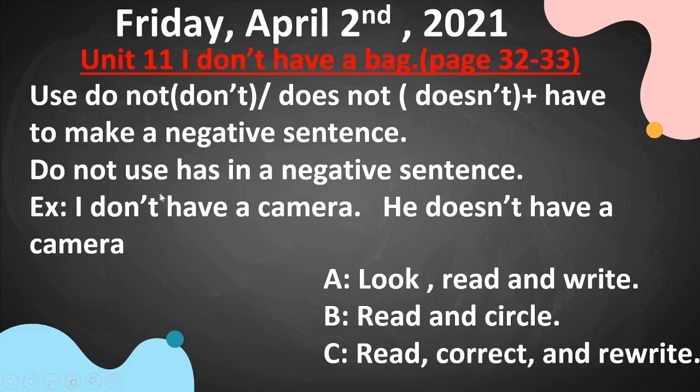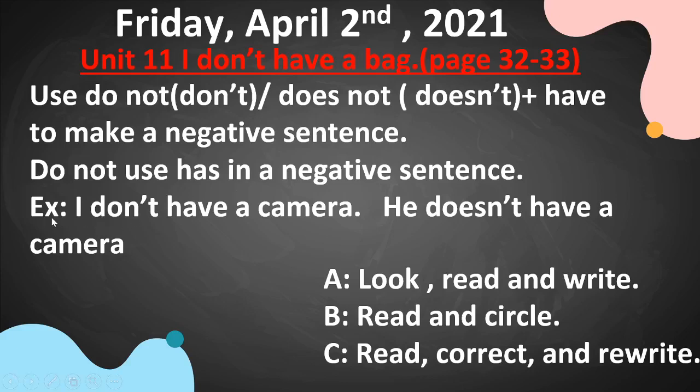When we complete the sentence, use do not and does not, or we can say don't and doesn't. You cannot use has if the subject is he, she, or it. We still use have, right? Remember that for all subjects in negative form we need to use have.